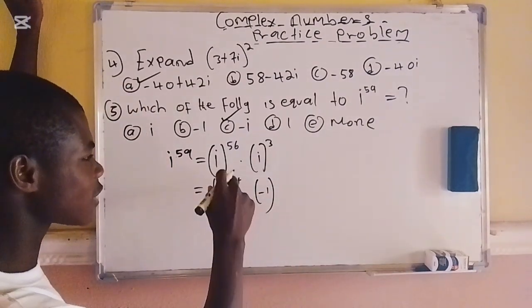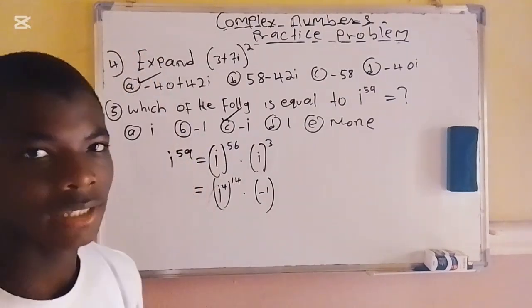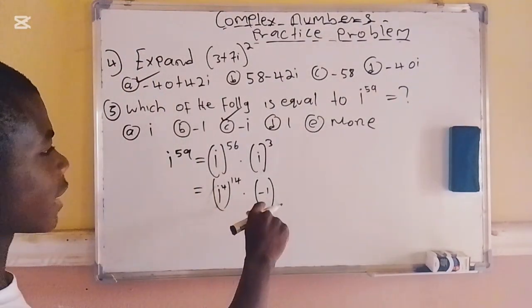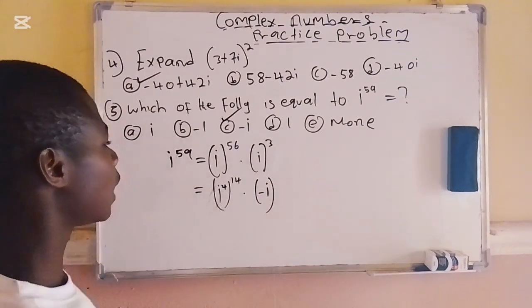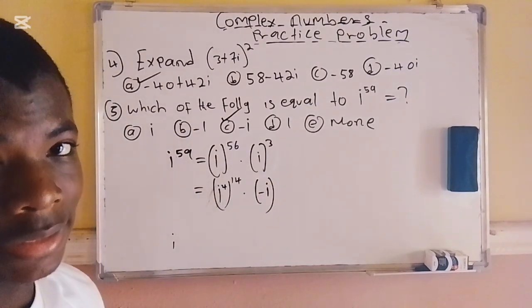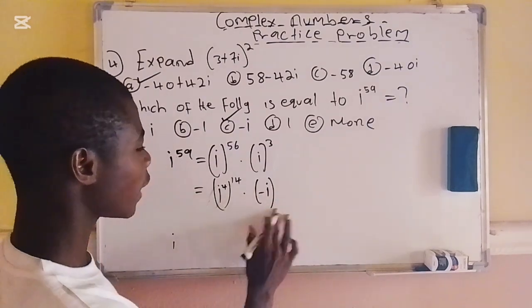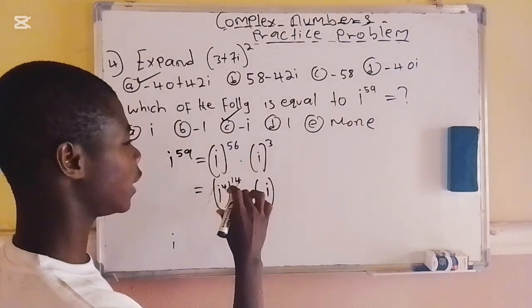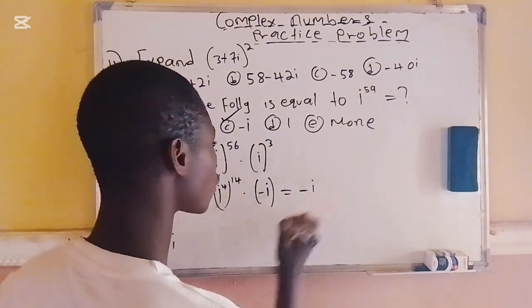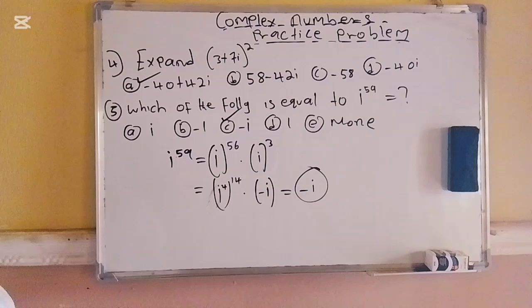I to the power 4 is the same thing as 1, so we have negative i. This is odd and this is even, so it equals minus i.